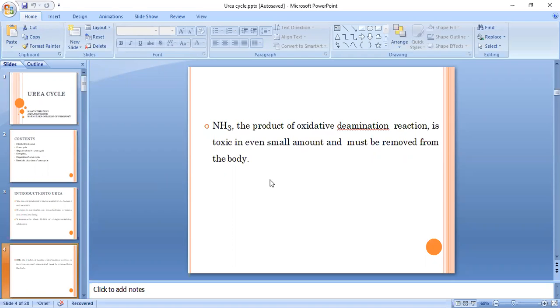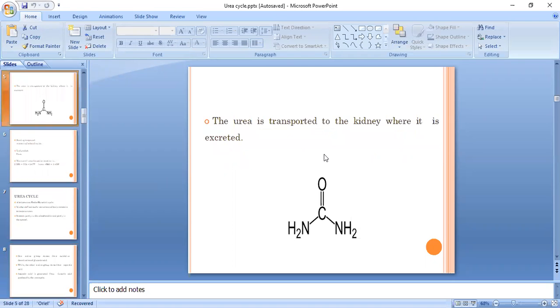The urea is transported to the kidney and excreted. This is the structure of urea: carbon with a keto group, and it has two amine groups.